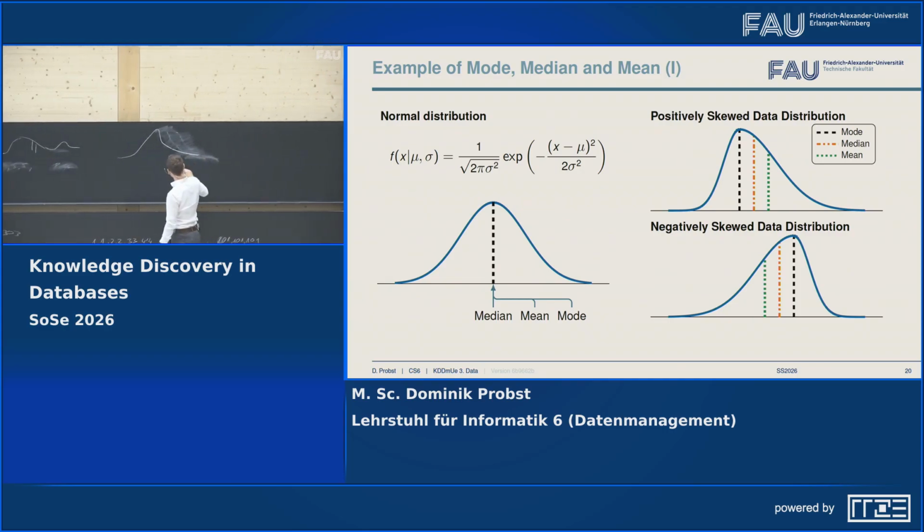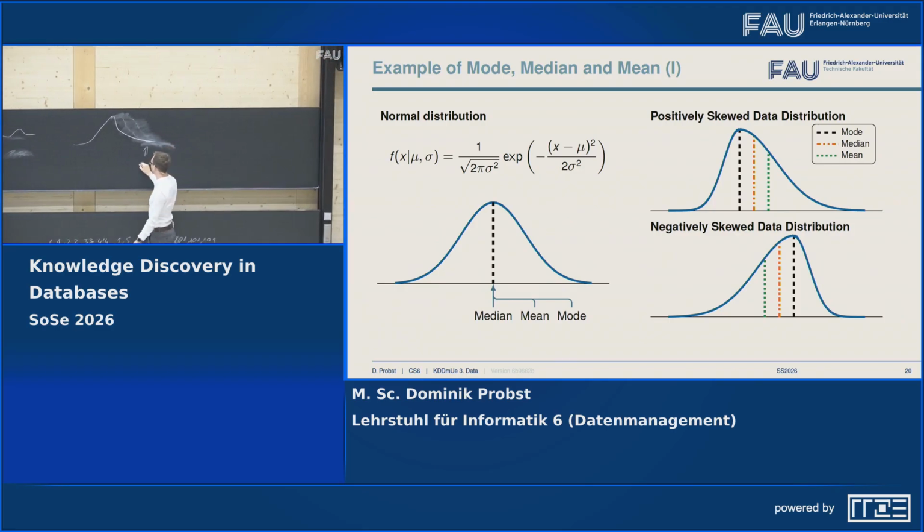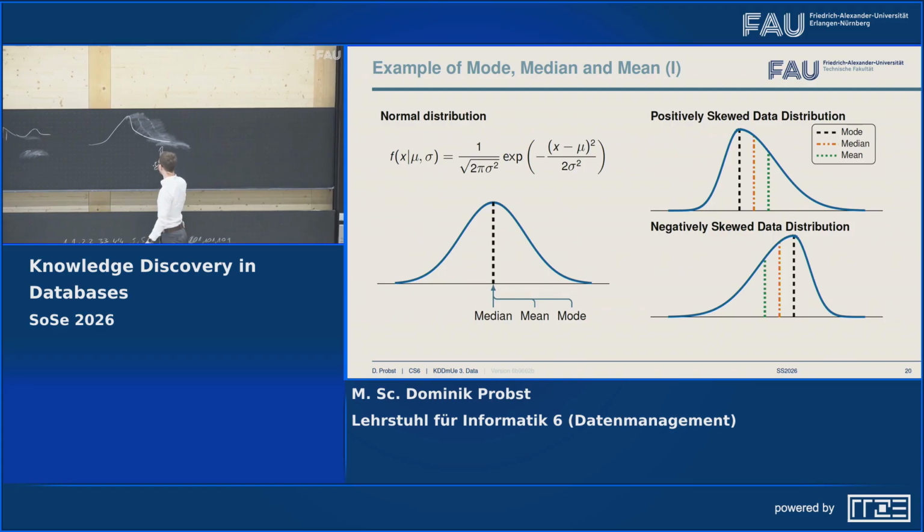Due to putting values into bins, it might happen that the mode still is here, because maybe the bin is, well, let's say 80, 80, 80.